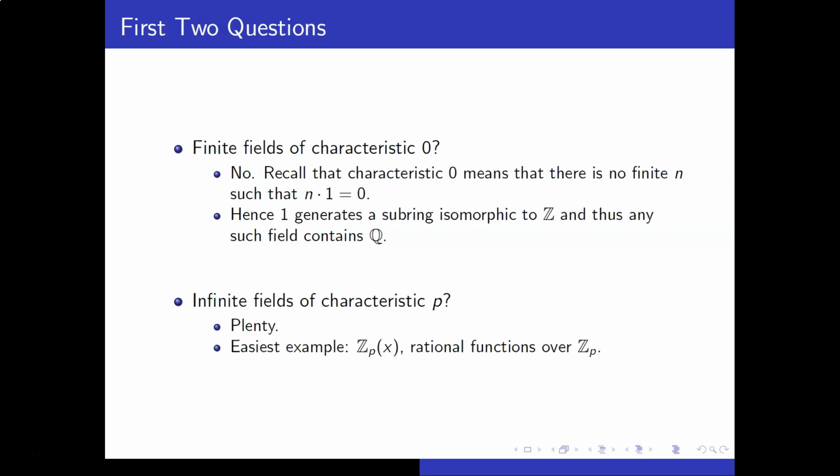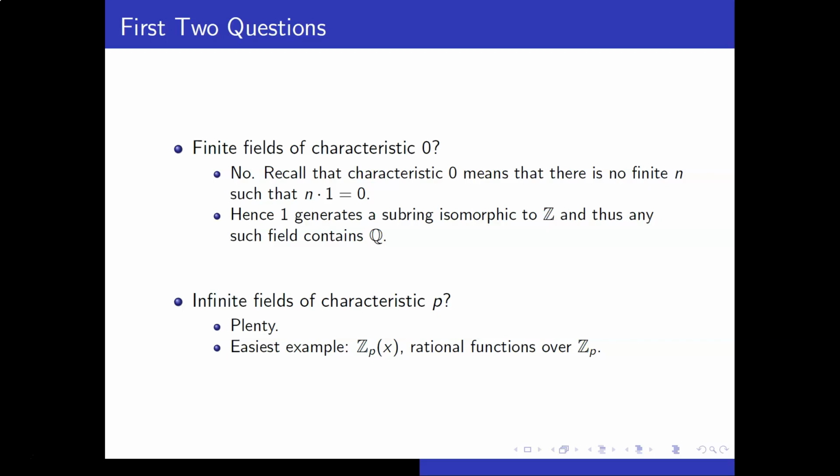As for the second question, are there infinite fields of characteristic P? Yes, in fact, there are plenty of them. Some of them are a little more subtle in their constructions. If you go far in number theory, you see some really interesting things called the p-adic numbers. But a very easy and approachable example: take Z mod P, where P is a prime.